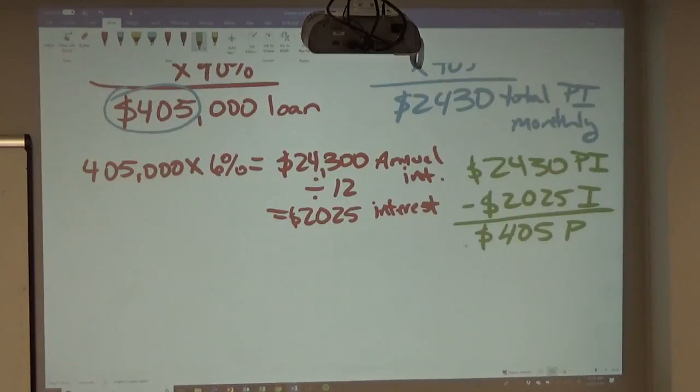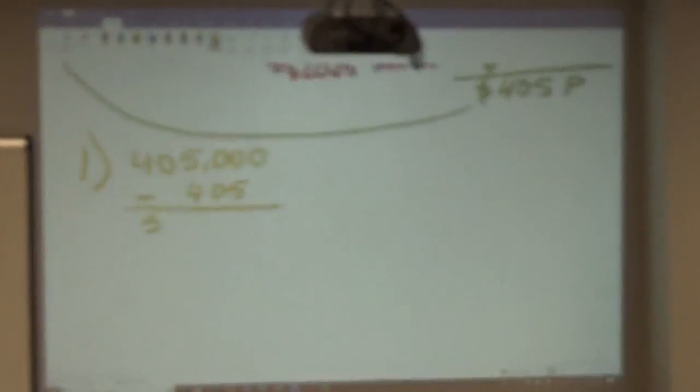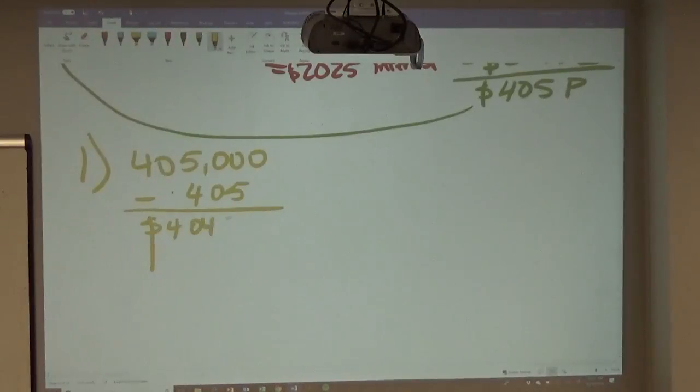And if 405 is going toward principal, that's what we apply back to that principal balance of $405,000. So our payment 1 looks like this: $405,000 minus $405 equals $404,595. $404,595 is our balance after 1 payment.